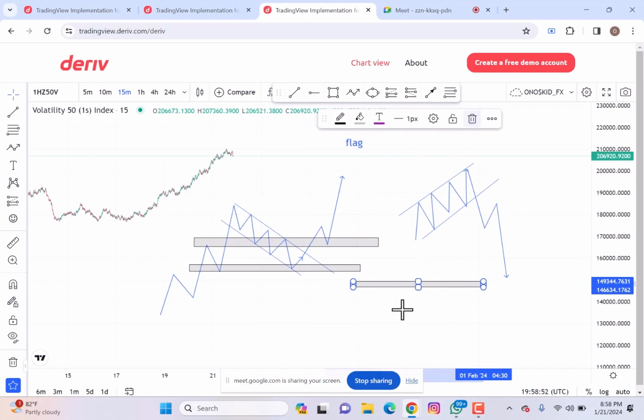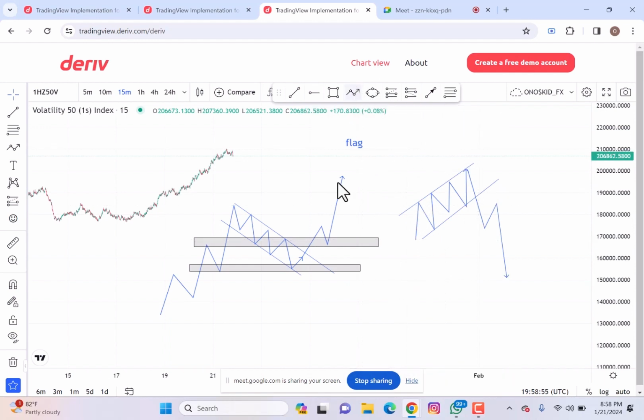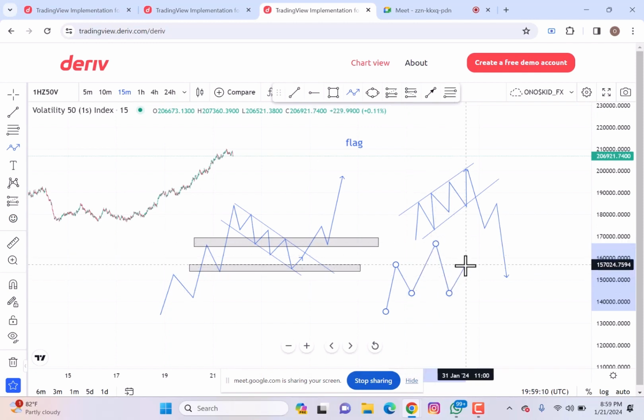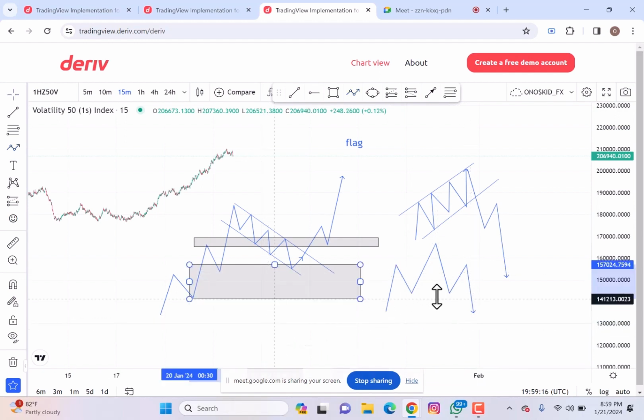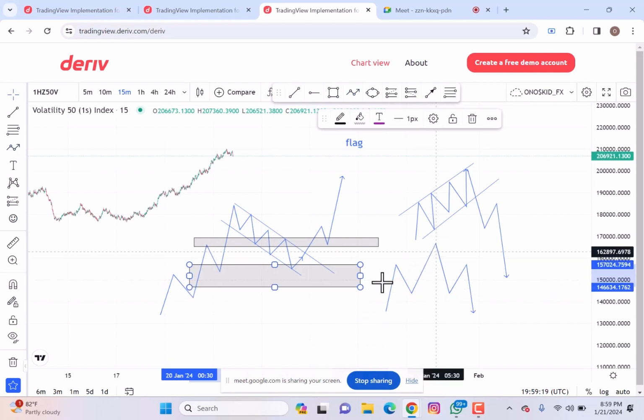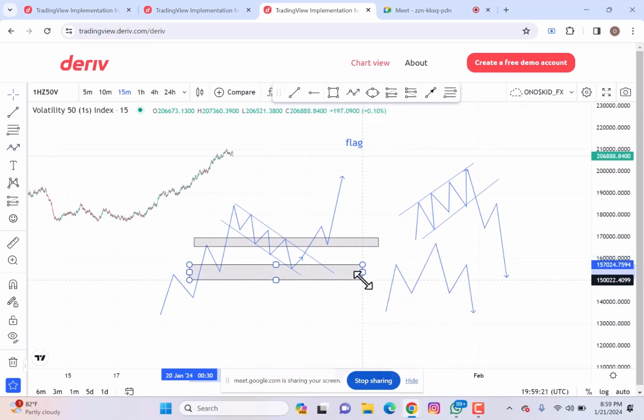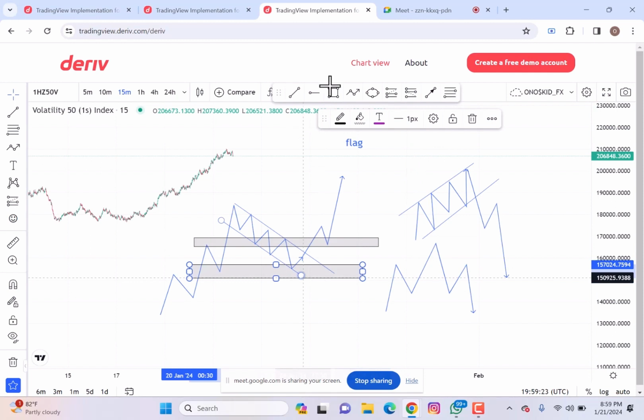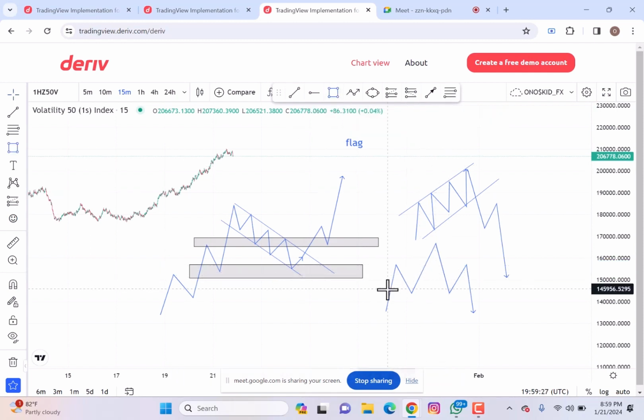So that is that about inverse head and shoulder. The next one is the head and shoulder pattern. They are just opposites. The head and shoulder pattern is like the opposite of inverse head and shoulder. So you have something like this. Okay, so this is the neck region. This is the neck region here.